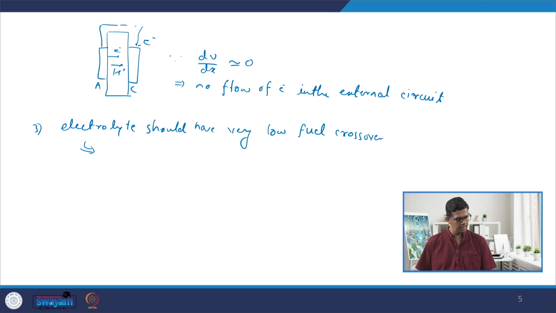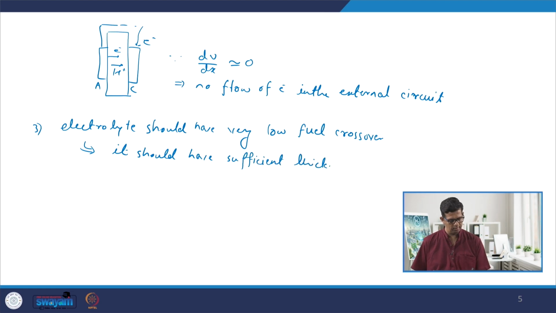That implies it should have sufficient thickness, as we have seen that if the thickness of the electrolyte is enough, then there is a very low probability of fuel crossing from the anode to the cathode.